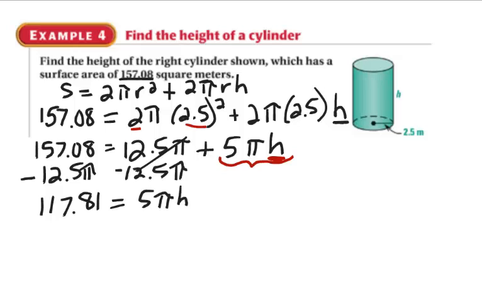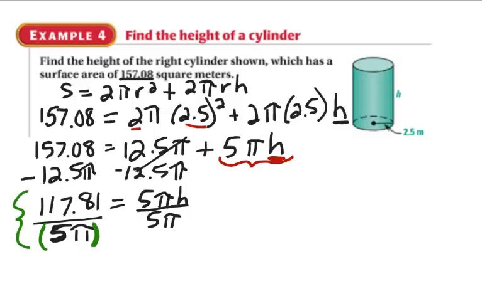Now here 5 pi is being multiplied by h, so to get rid of 5 pi we're going to have to divide out the 5 pi on both sides. And since I'm dividing by 5 pi, you can go ahead and put in that pi, 5 times pi. If you plug that into your calculator, you must put parentheses around this 5 pi first. 117.81, and then divided by, in parentheses, 5 pi.